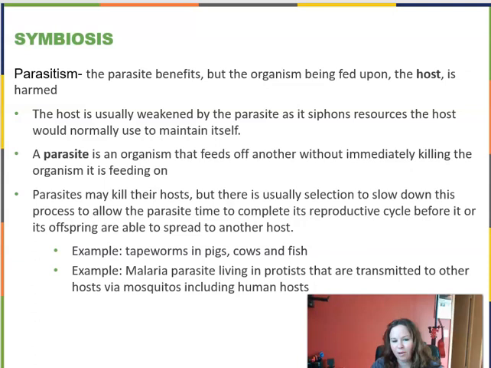So tapeworms in pigs, cows, and fish are great examples of parasitism. The malaria parasite lives within mosquitoes, it's actually a protist, and then gets transmitted to humans. That's an example of a parasite.